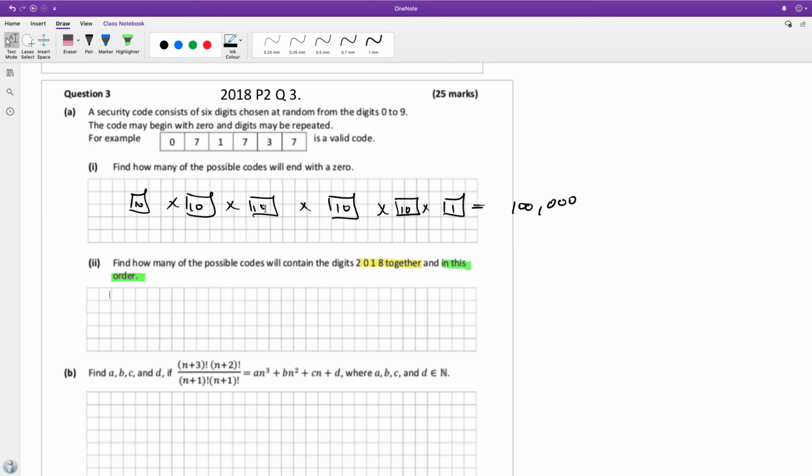Usually say that the first four has to be the options, then middle, and then last.